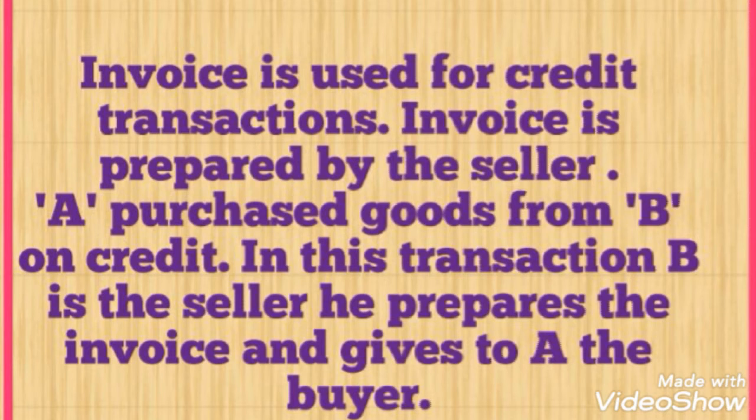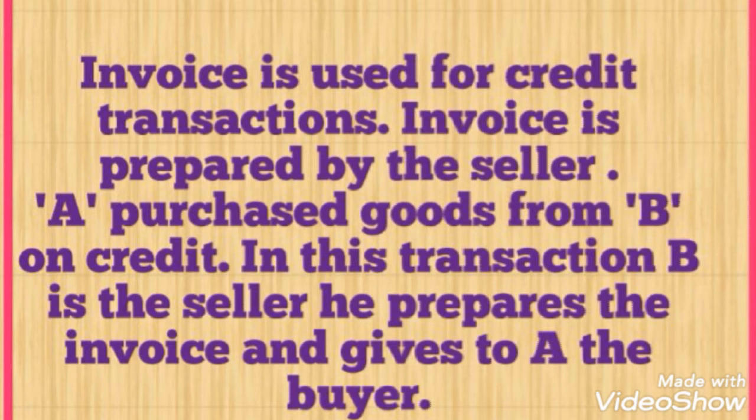First copy will be given to the buyer at the time of purchasing. Second copy is sent along with the goods for checking the goods. And third copy retained by the seller to record the transactions in his books of accounts.